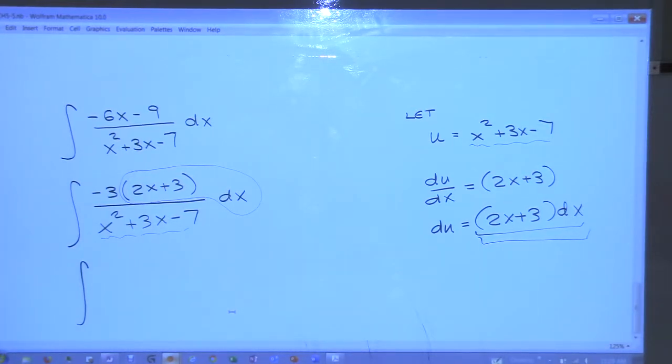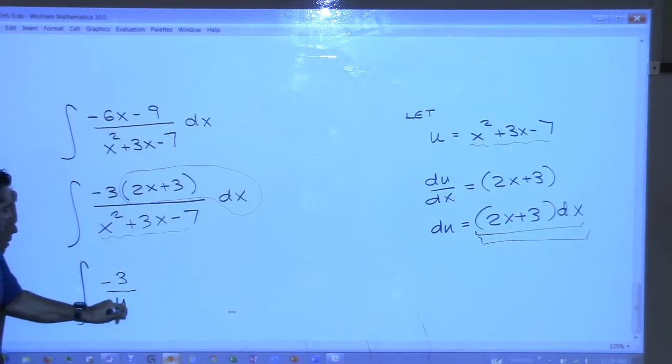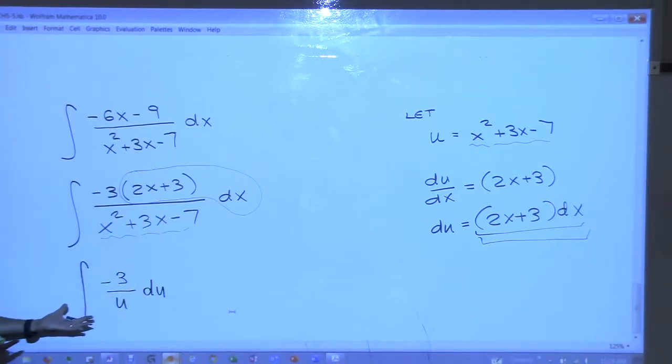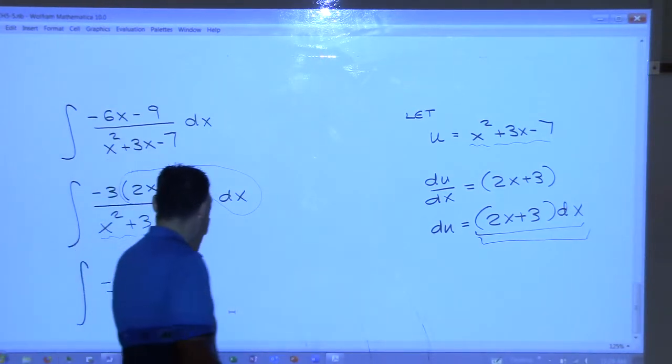What do you got? You could still do 1 over u, but instead of the 1, it's the -3. Yeah, so we really have -3 on top of the u, and then we have du, instead of 1 over u du. The -3 is really not relevant.